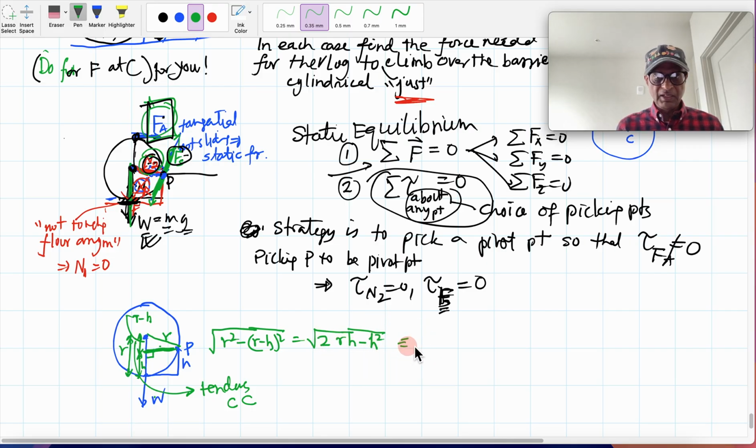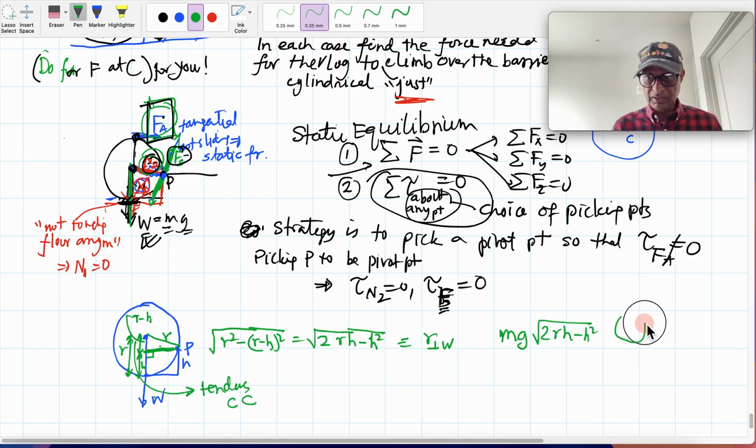So this is the lever arm for weight, and we got mg times the square root of 2RH minus H squared, and the tendency is that way.